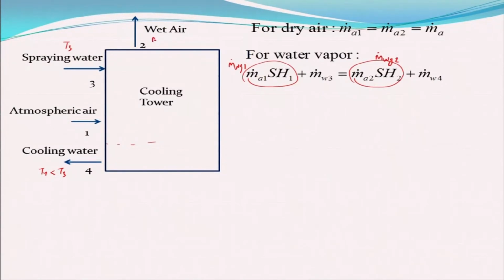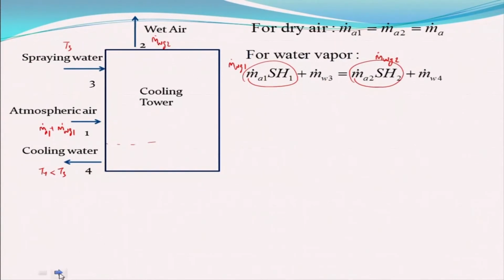This is your m_w2, and this is your m_w,g1, m_a ω1, plus the total air coming in. So m_w3, which is m_w4, the cooling water. This is the cooling water.